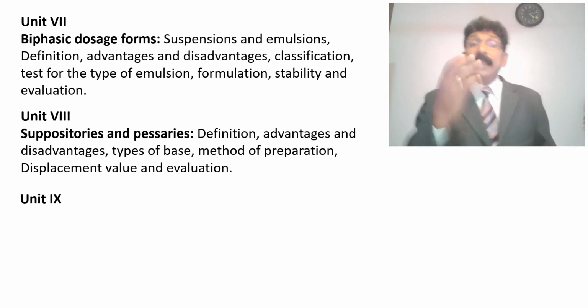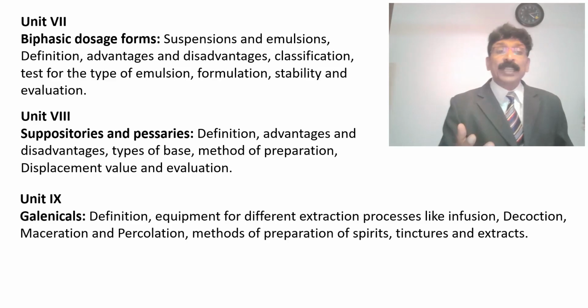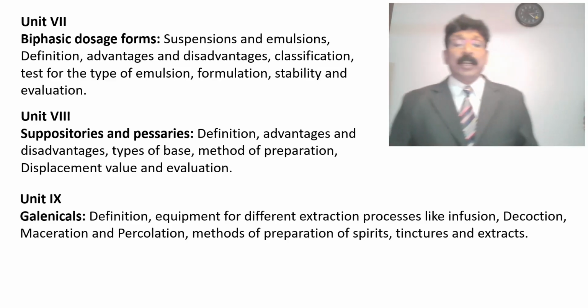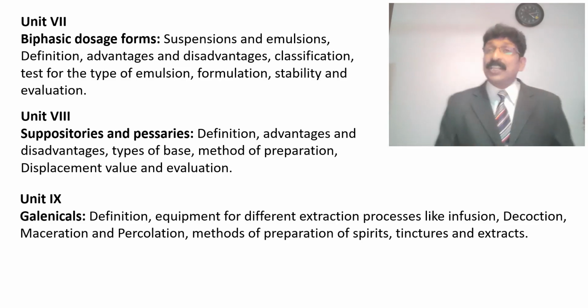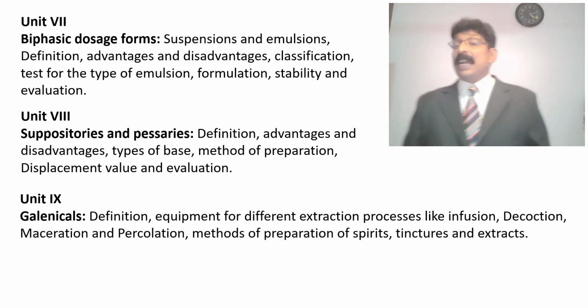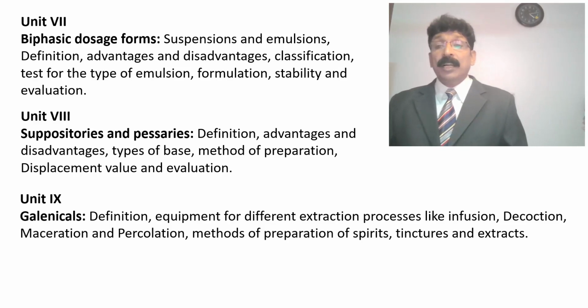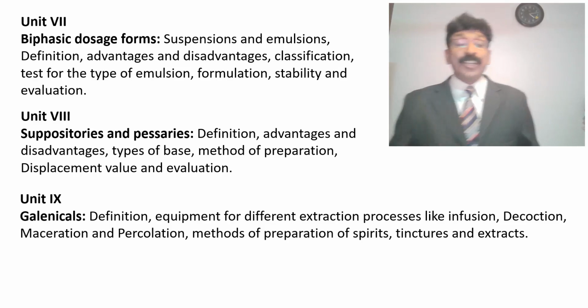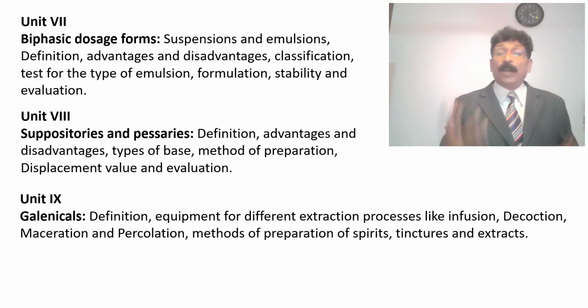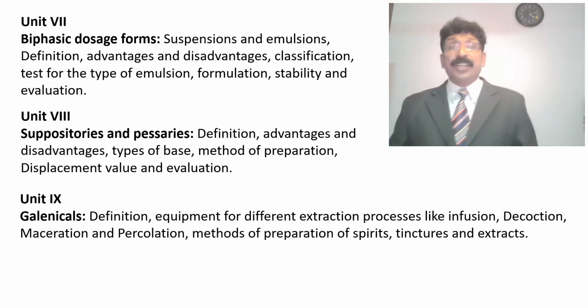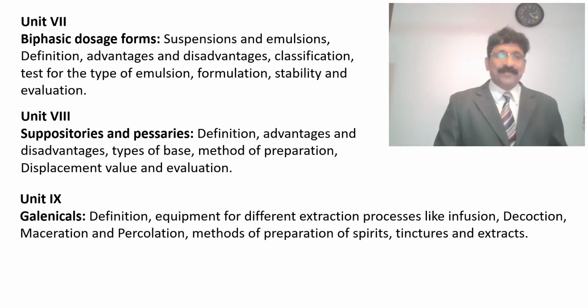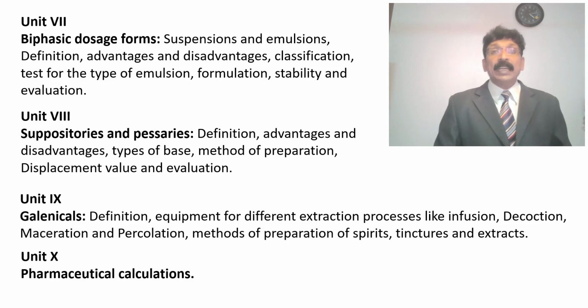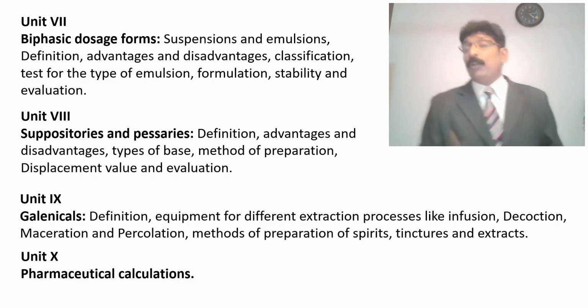Unit 9 deals with galenicals, definition, equipment for different extraction processes like infusion, how they perform extraction procedures, decoction, maceration and percolation, methods of preparation of spirits and tinctures and extracts. And in unit 10, pharmaceutical calculation.